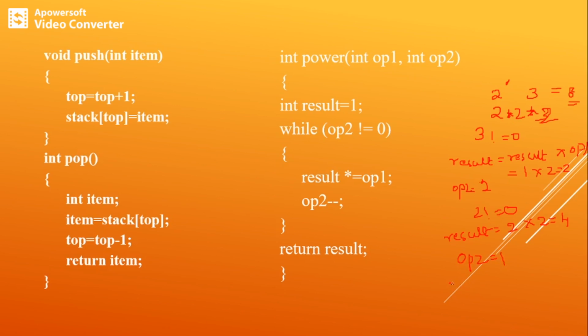Again the result gets updated as the while condition is true. So the result will be now 4 into 2, which is equal to 8. Now if you decrement operand 2, you will get 0. And once operand 2 is 0, return the result. What's the result? The result is 8. This is how this power function is going to work.